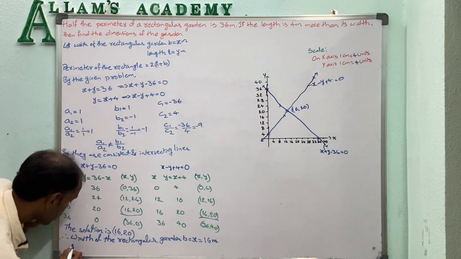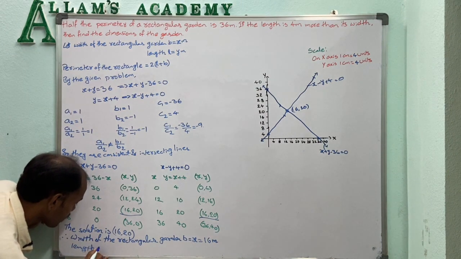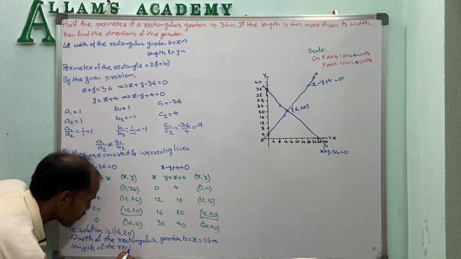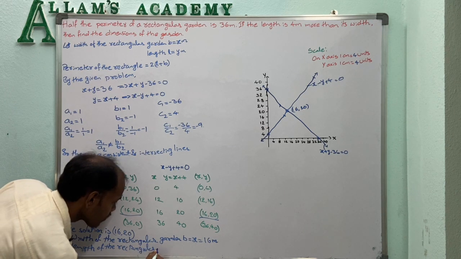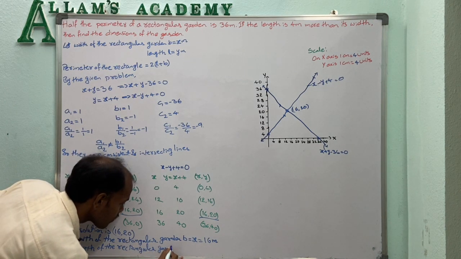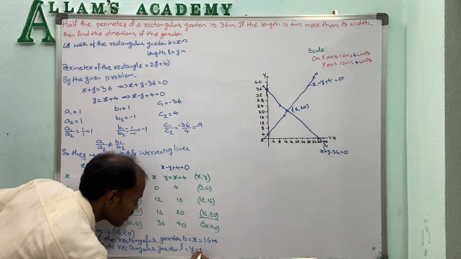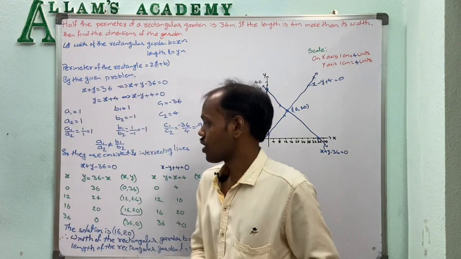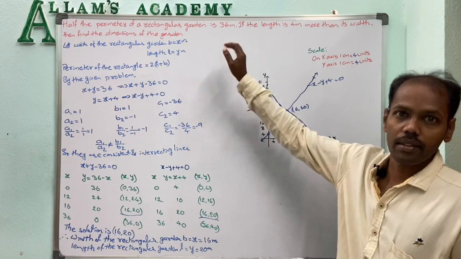Next, the length of the rectangular garden, L equal to the y coordinate, that is 20 meters. So this is the solution for the problem.